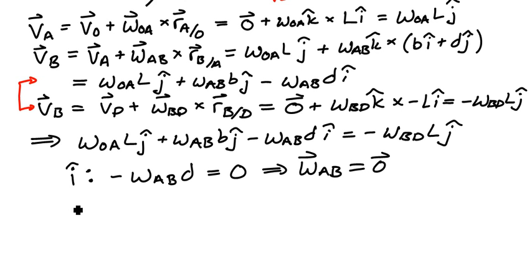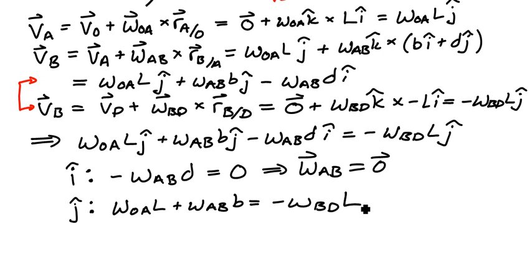Of course, this is only true at the instant where the geometry is as given in this problem. In the j direction, omega OA times L plus omega AB times b equals minus omega BD times L. We've just shown that omega AB equals 0, so this middle term goes away.